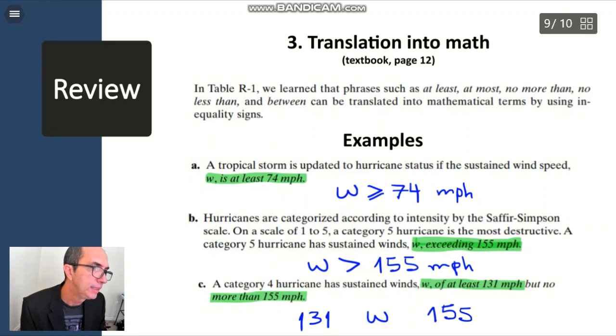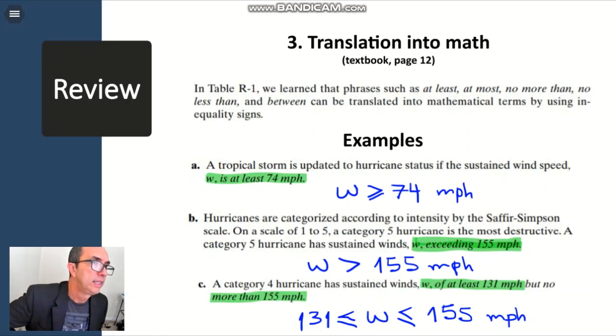It is at least 131, so it can be equal to 131, and 131 is less or equal than W, right? But no more than 155, so it can be equal, less or equal than 155 miles per hour. That's it. That's how you do the reverse. You translate from words into math.